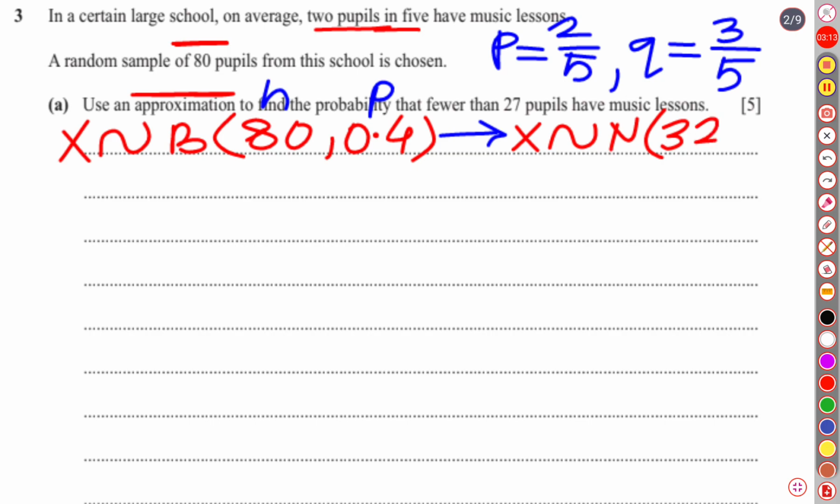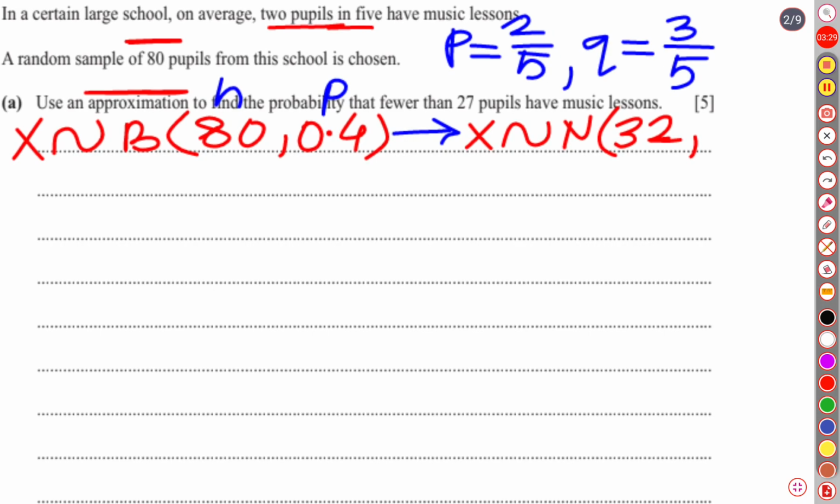And the other parameter is variance. Variance is npq. So if you multiply 32 by 0.6, it is going to be 19.2. So 19.2 is our variance.